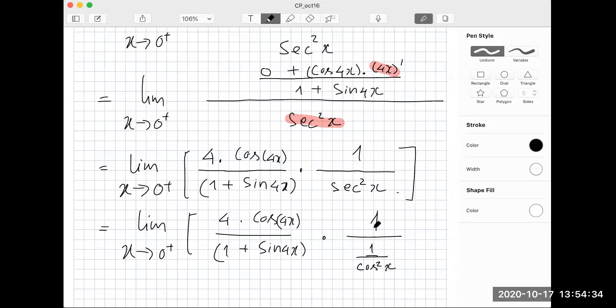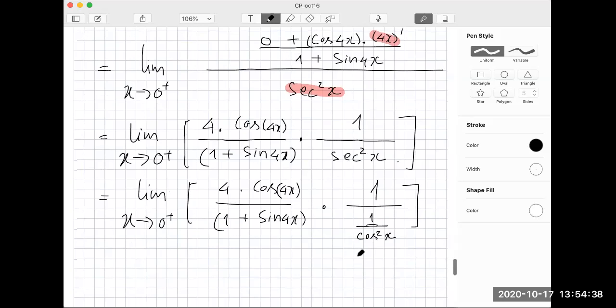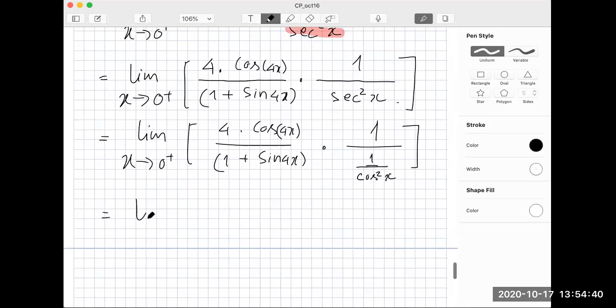So 1 divided by 1 over cosine square. Can we write it in terms of cosine?